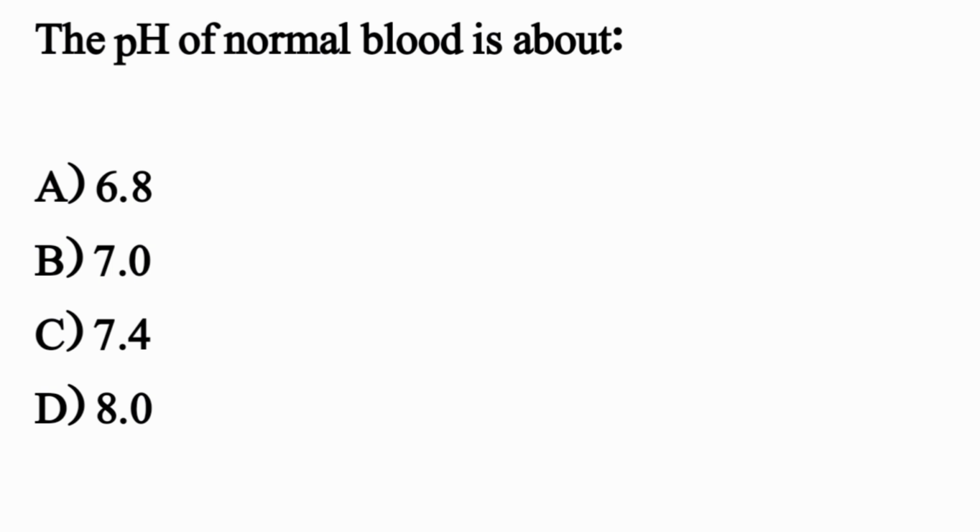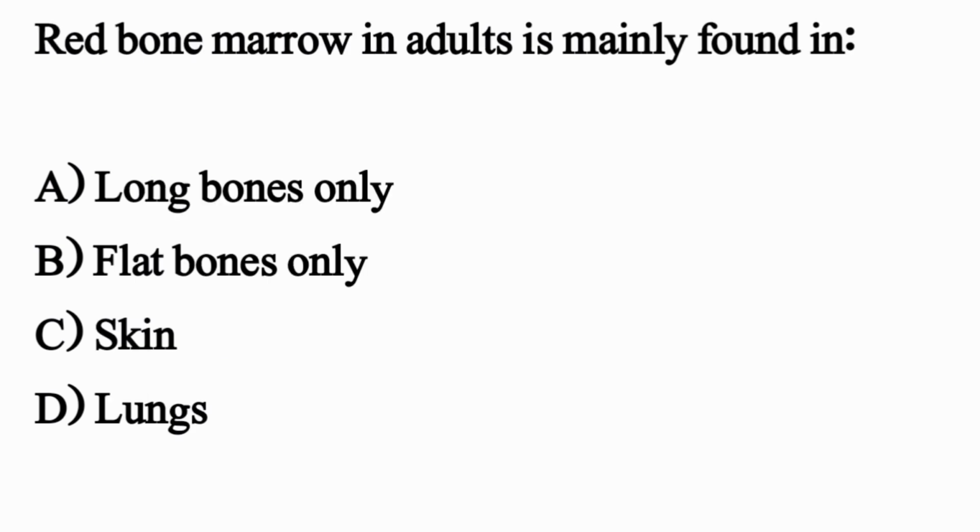The right option is option C, 7.4. Red bone marrow in adults is mainly found in. The right option is option B, flat bones only.